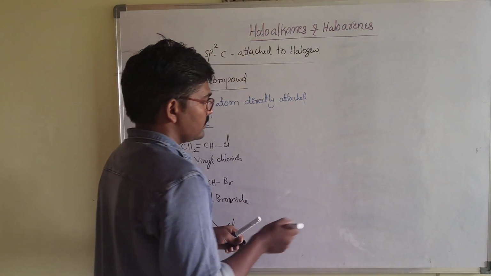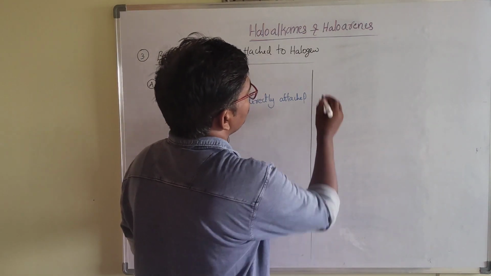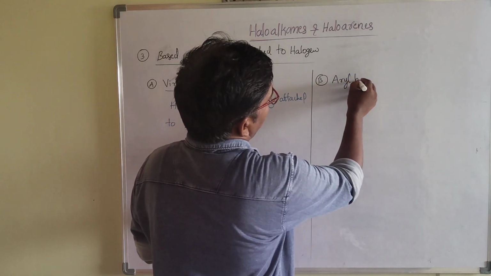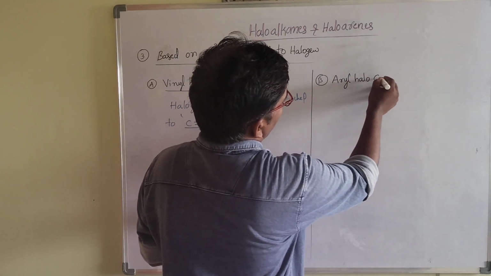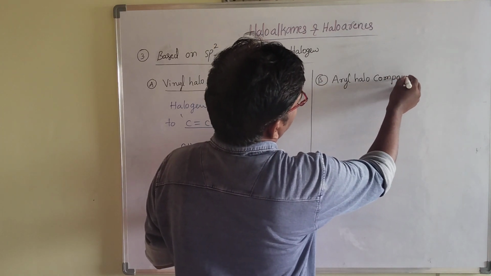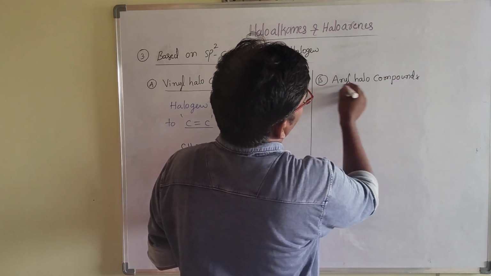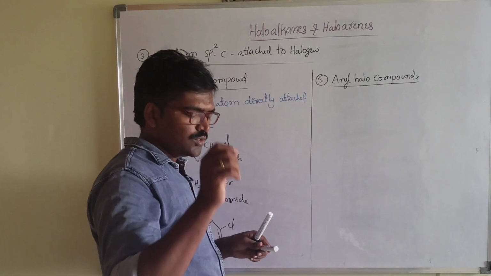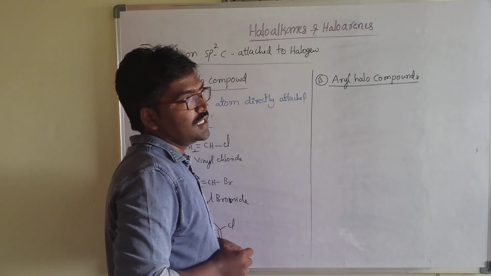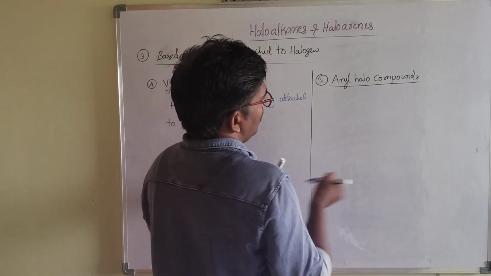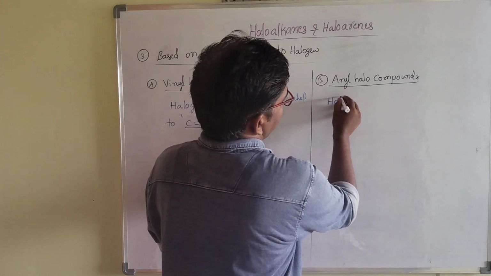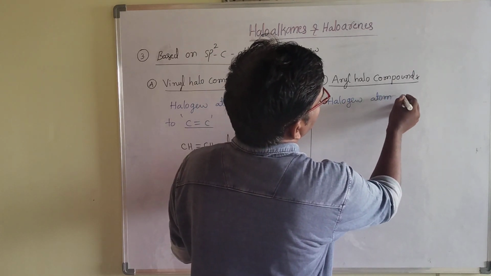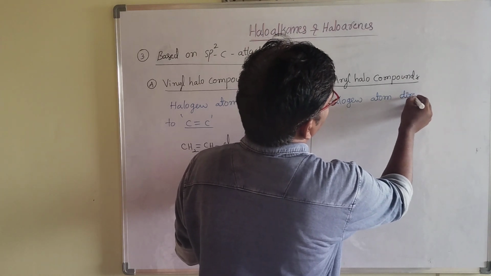So next, aryl halo compounds. What are aryl halo compounds? The halogen atom is directly attached to an aromatic ring, that is, the benzene ring.